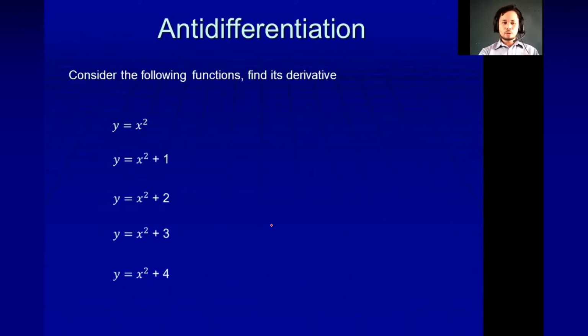If we get the derivative of the 5 functions, it will give us a result of y prime is equal to 2x. That is the derivative of these 5 functions, because using the power rule, the derivative of x squared is 2x and the derivative of any constant is equal to 0. That's the reason why we have y prime is equal to 2x.